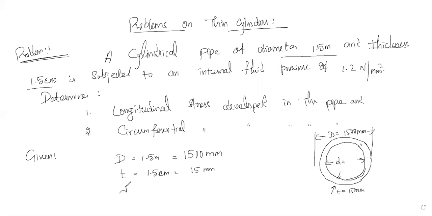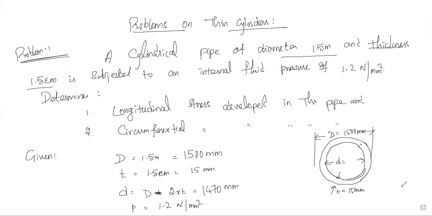So then what about the small d, internal diameter? So d is equal to capital D minus 2 times of thickness, which is nothing but 1500 minus 2 times 15 mm. So it becomes 1470 mm. Okay. So fluid pressure, they have given that small p is equal to 1.2 Newton per mm square.